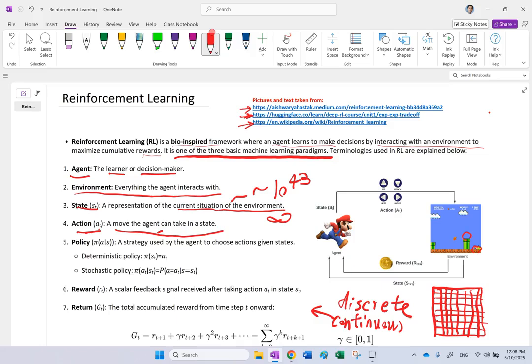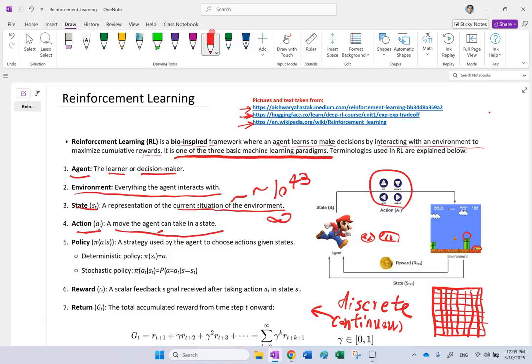So in chess, any move that you make with any of your 16 pieces, you and your opponent, that is basically an action. Moving a bishop, moving a knight, anything like that, correct? In Mario, all of these moves: left, right, up, and down. Maybe throwing something at those objects. All of those are basically actions.